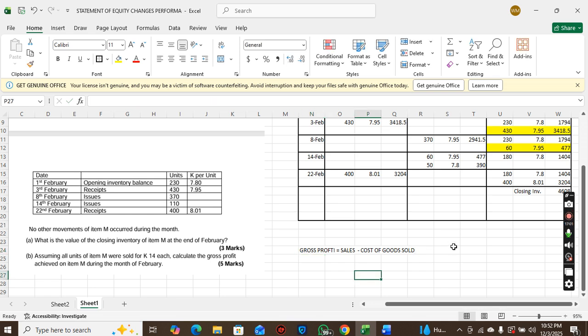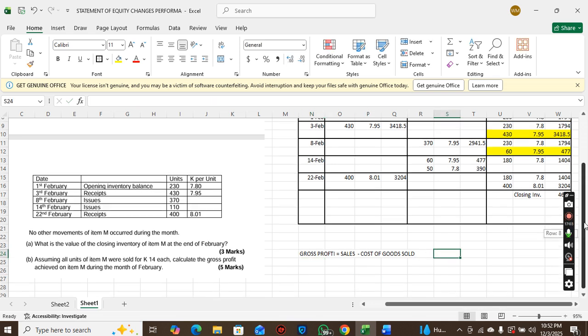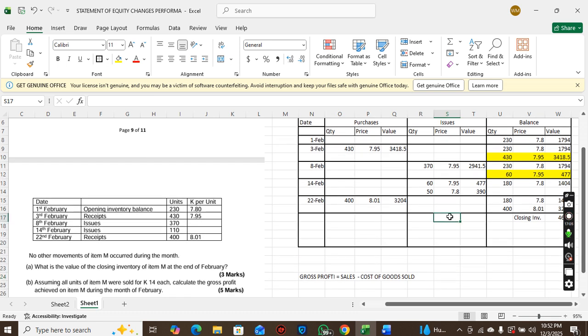Our cost of goods sold, we get it from here under the issues. You're just going to add 2941.5 plus 477 plus 390, you get 3808.5. That is the value of the cost of goods sold.